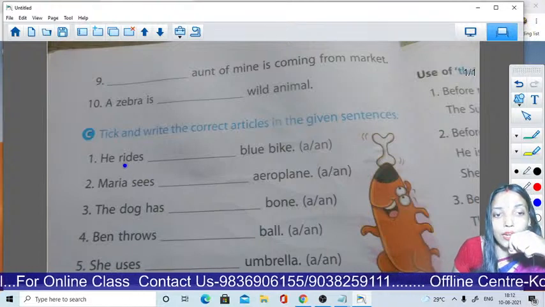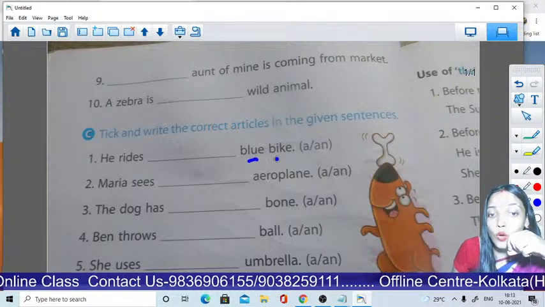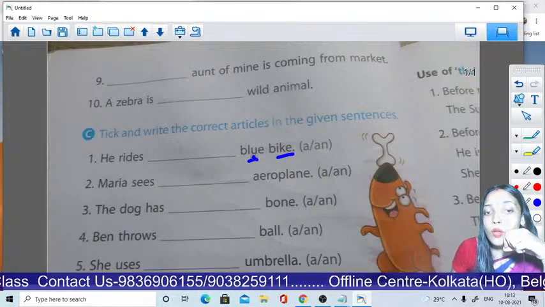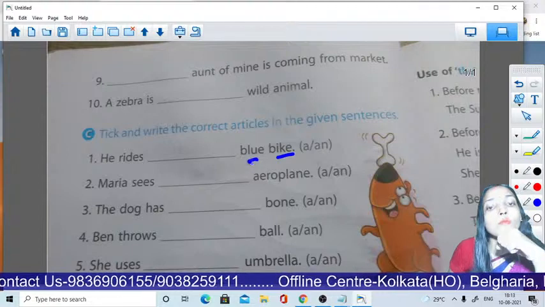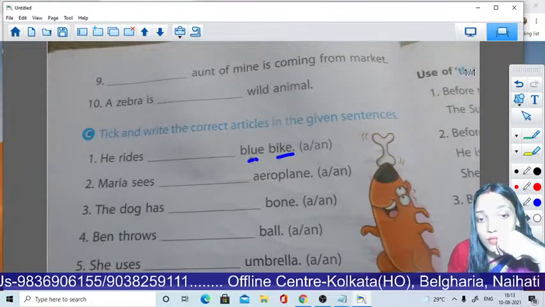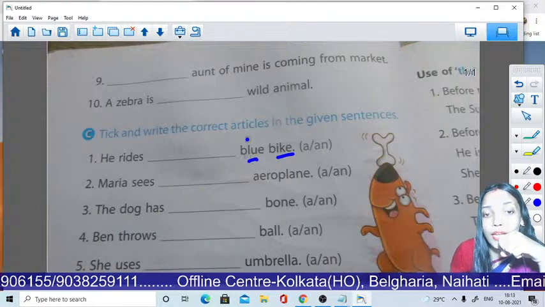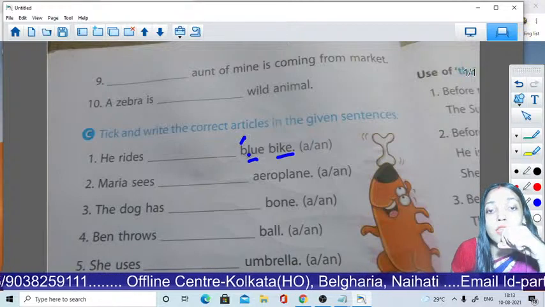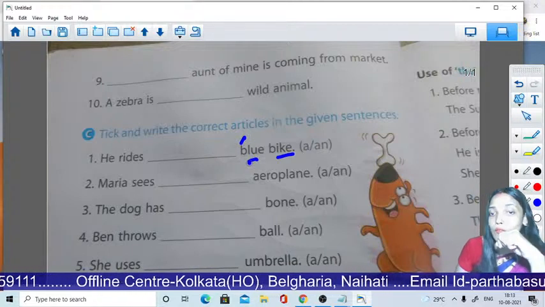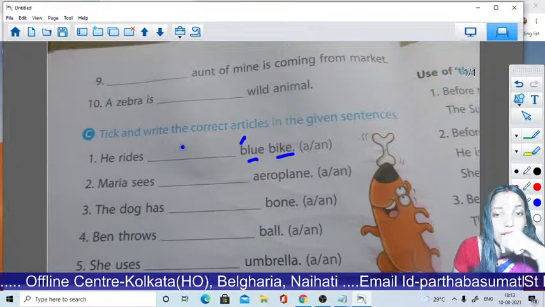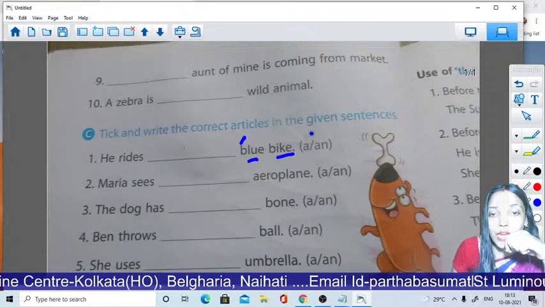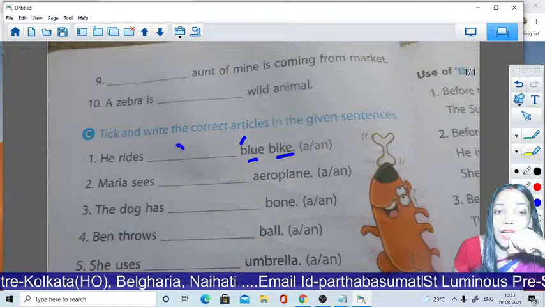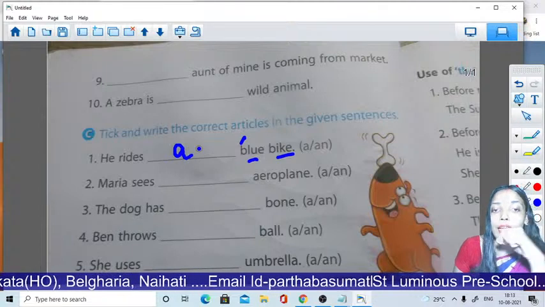First number, he rides blank blue bike. Here blue. The beginning letter of blue is B. It's consonant, not vowel. So what can I write here? Tell me. Yes, I have to write here a.